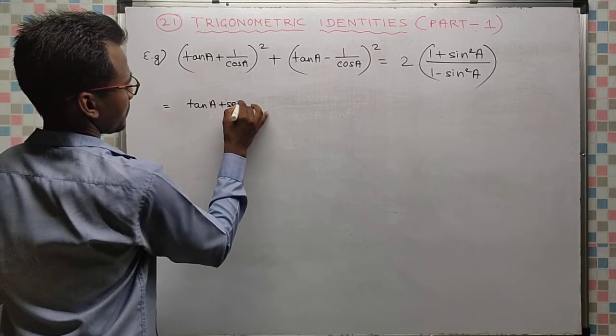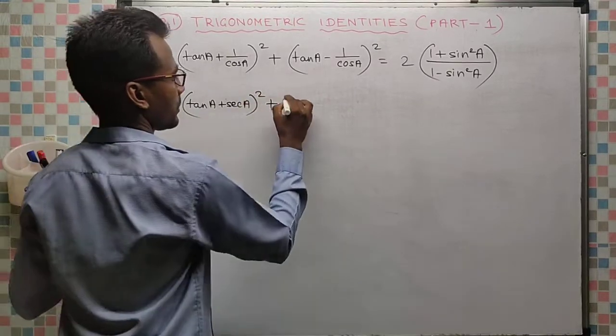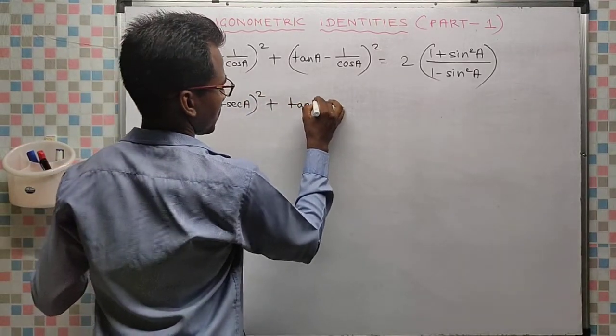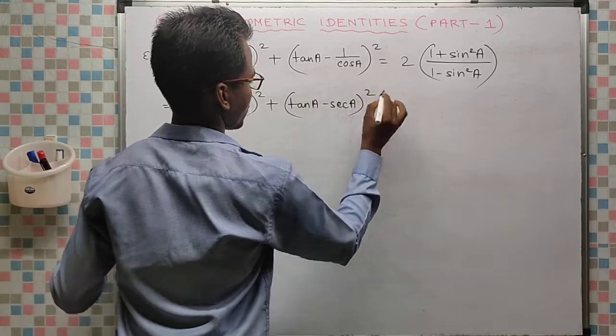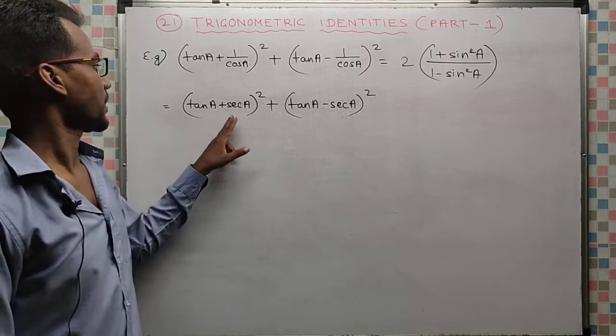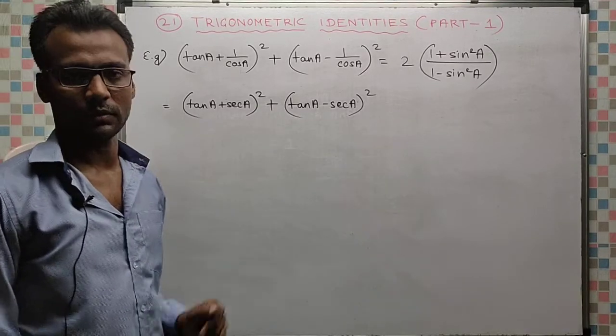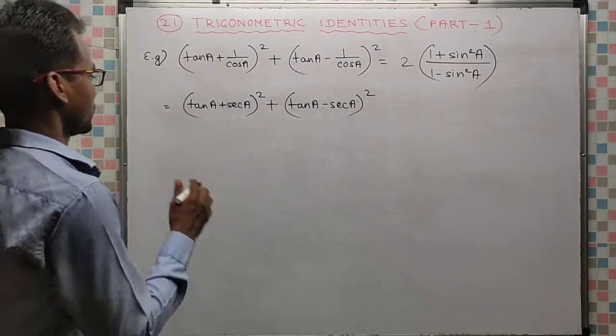So tan A plus sec A whole square plus tan A minus sec A whole square. In class 9 we have studied a plus b whole square plus a minus b whole square is equal to 2 whole, a square plus b square. In the expansion chapter.